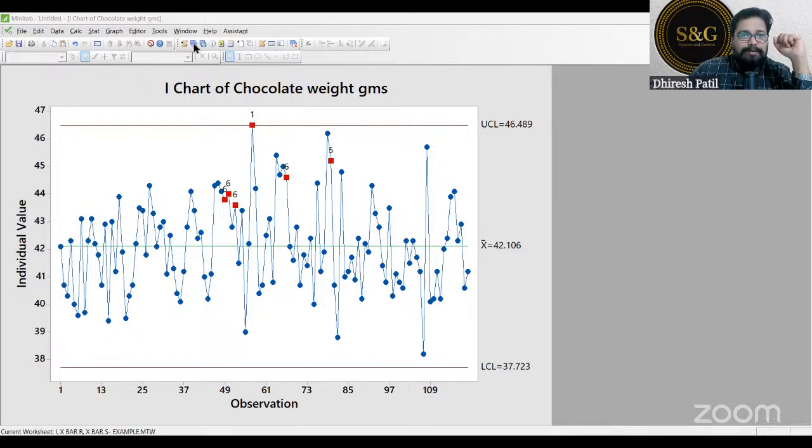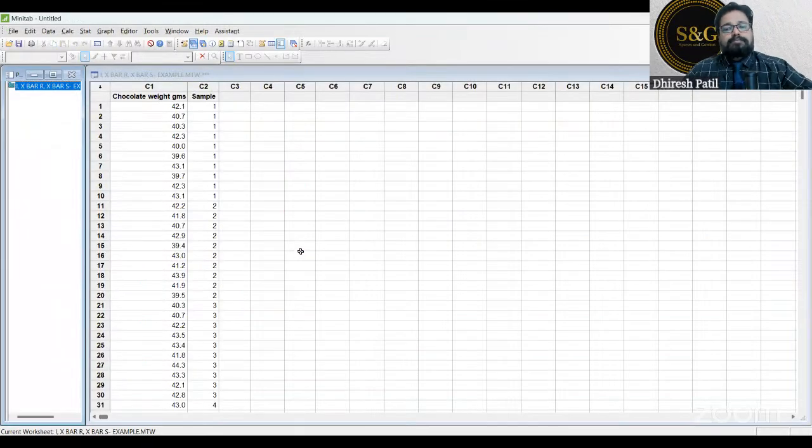Go back to the data. You can see here, there are some subgroups taken. What is a subgroup?